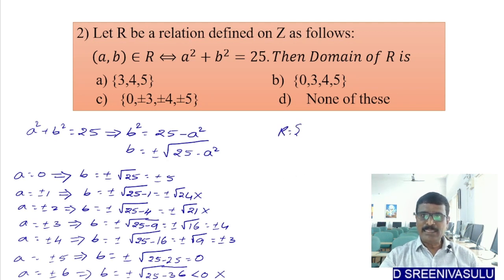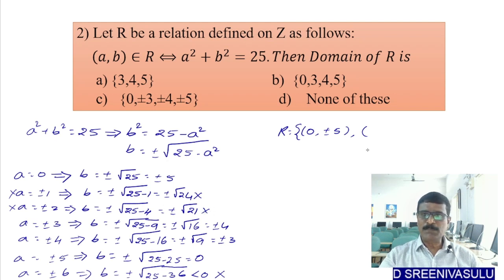If you are taking R, a is equal to 0, b is equal to plus or minus 5. Then a is equal to 1, it is not possible because b is not an integer. A is equal to plus or minus 2 also not possible because b is not an integer.